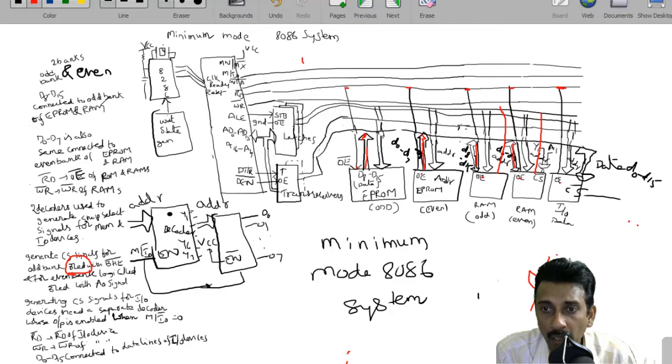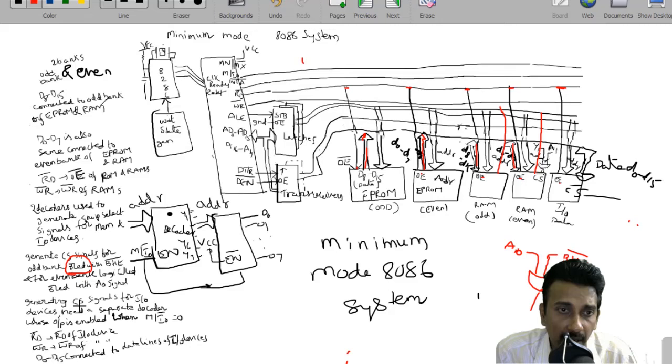One input is connected to the BHE bar and another to the A0 signal. If I want to access the odd bank, we use the BHE bar signal, and if I want to access the even bank, we logically OR with the A0 signal to generate the chip select signals. This is the basic operation in the decoder circuit.